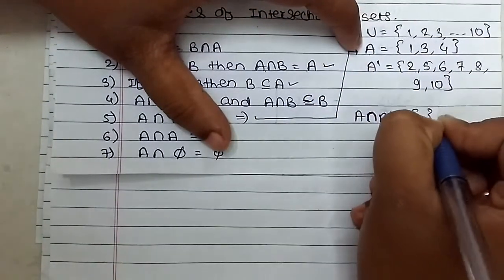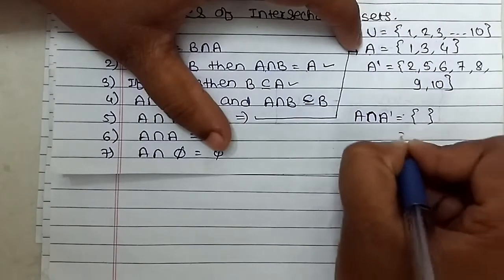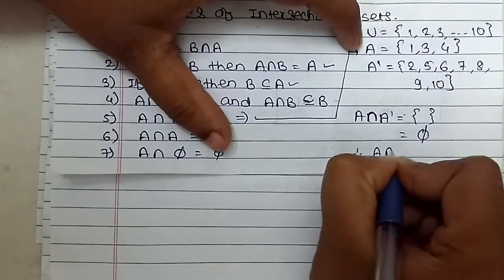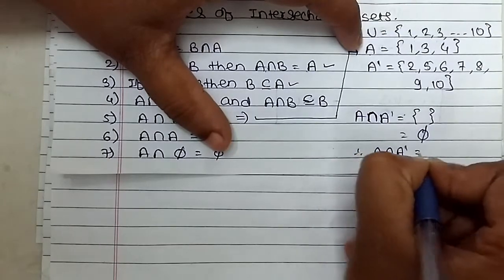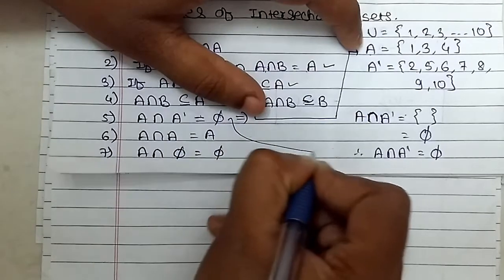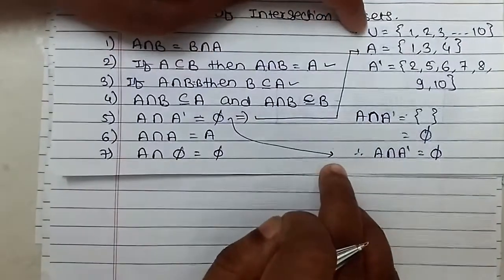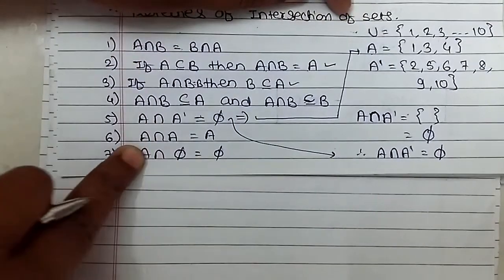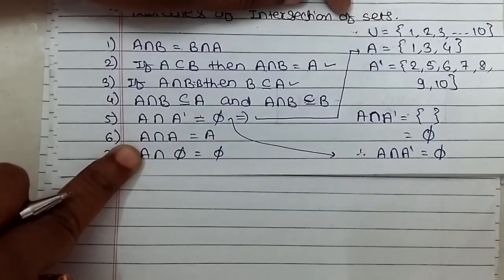So our set is the empty set, and this empty set is denoted as phi. So we can say that A intersection A dash is equal to phi, and this is your property. Clear? In this way, each and every property is illustrated.